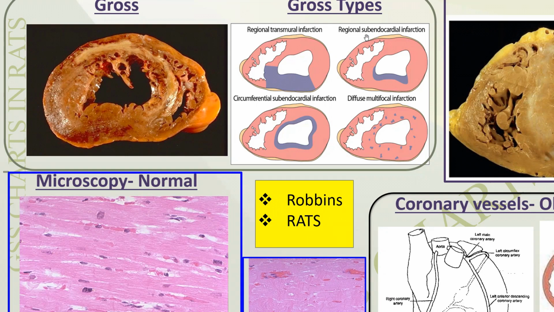Sometimes it can be restricted to the subendocardial region, as we are seeing over here. In certain cases, there can be multiple focal areas of infarction. So this will be the gross pattern of distribution which you should write: transmural, subendocardial, regional subendocardial, and multiple focal infarction.